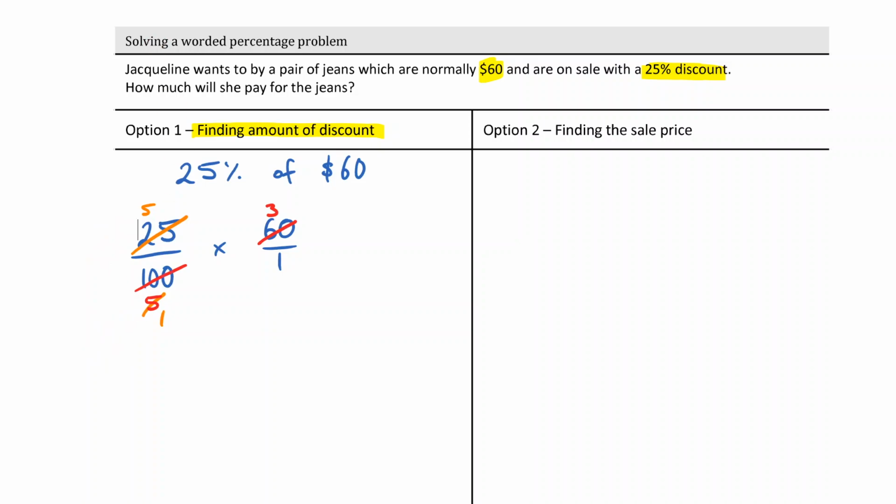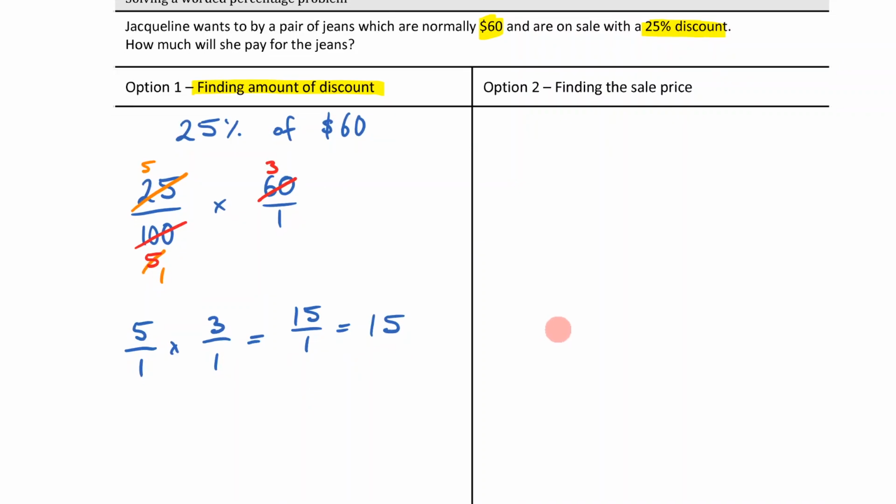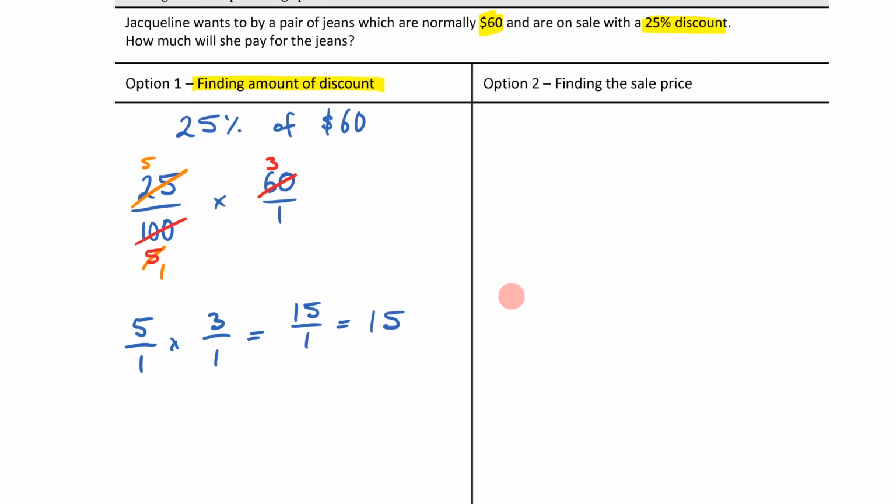So now, after all of that simplifying, I'm left with 5 up the top, 1 down the bottom, 3 up the top, 1 down the bottom. Now I go 5 times 3 is 15 on 1. My answer will be 15. So what does this mean? This is really important.